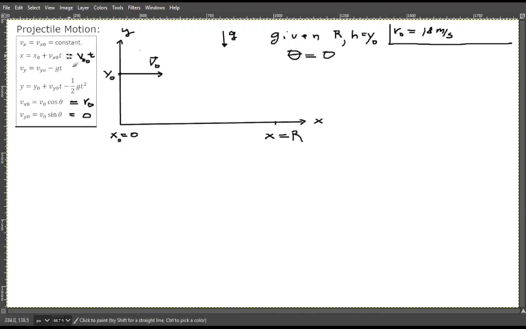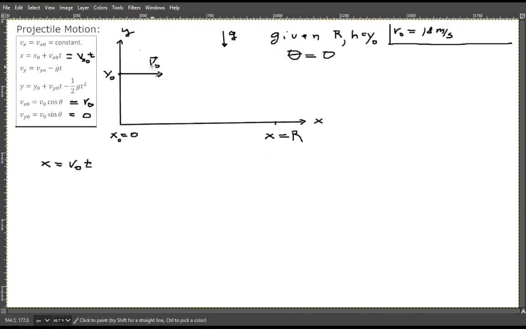So our x motion, from this equation right here, is going to be x0, which here is 0, plus Vx0 t, but Vx0 is just V0. Vx0 is the initial speed. The speed in the x direction will be constant, and it will be the initial speed that we shoot it at, times t.